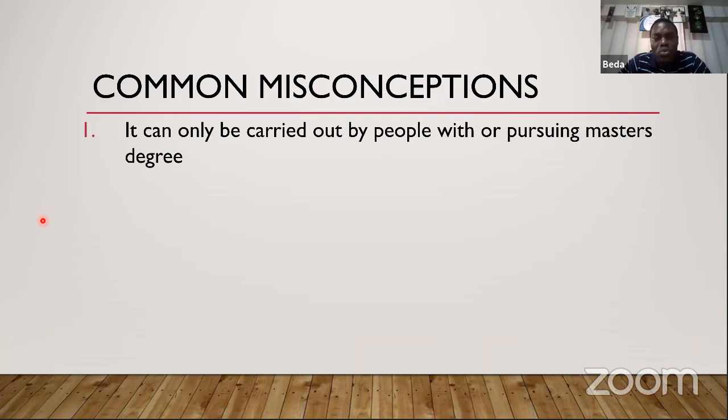I agree it's true that those people have an added advantage. But where did they start? They started from zero. And that zero can be first year for you. So it is not limited to those with masters. It can be done even by undergraduates.